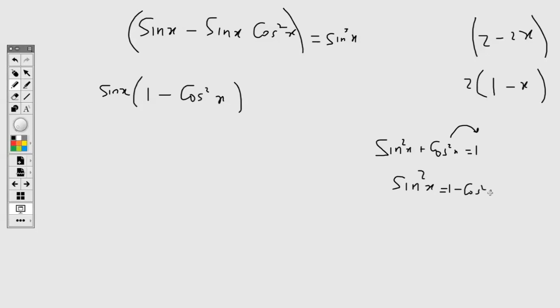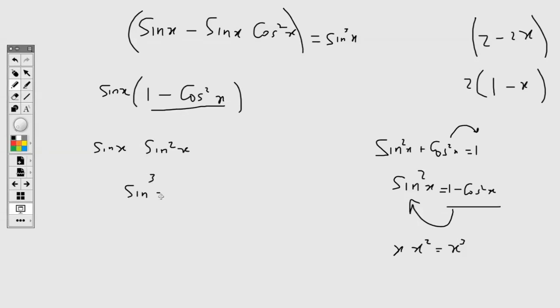So in other words, this identity, 1 minus cos square x, is the same thing as just saying sin square x. Therefore, I'll have sin x times this, which is sin square x. And then finally, just like how I can say x times x squared would give me x cubed, it's the same concept here, where sin x times sin square x is sin cube x. And as you can see, we have proven that the left is the same as the right.